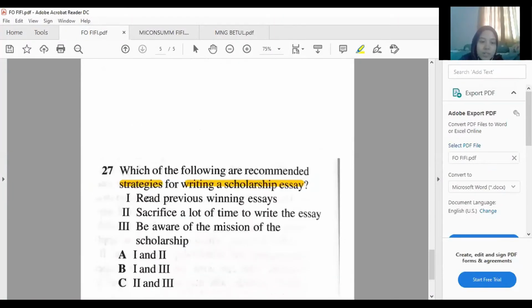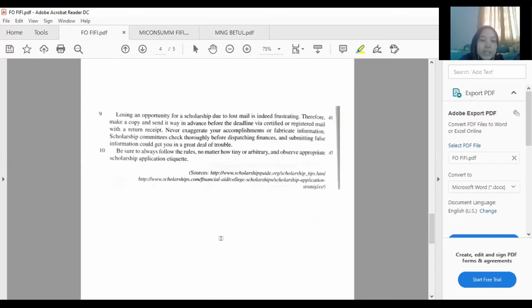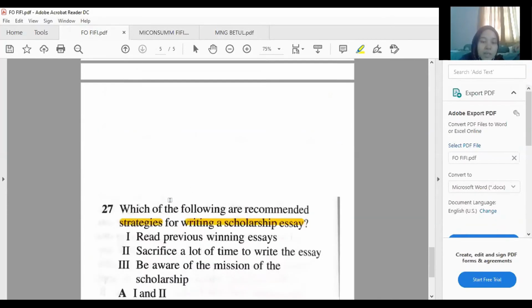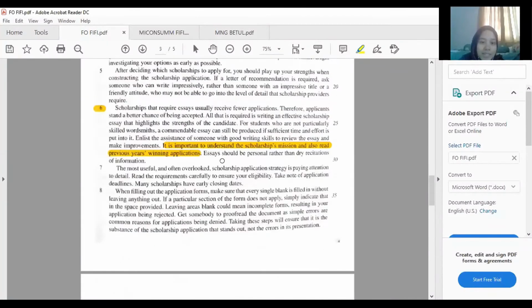So the first option: read previous winning essays, sacrifice a lot of time to write the essay, be aware of the mission of the scholarship. Here, it is important to understand the scholarship mission and also read previous years' winning applications.